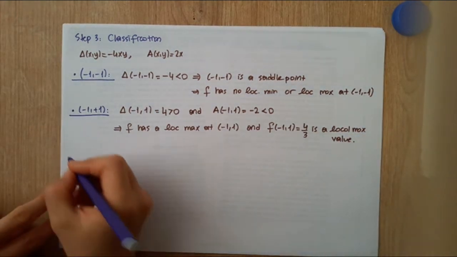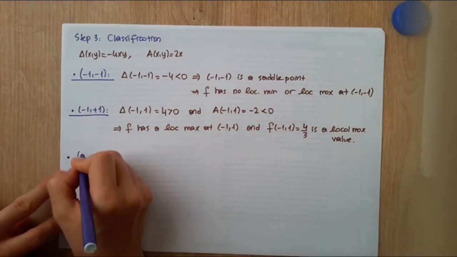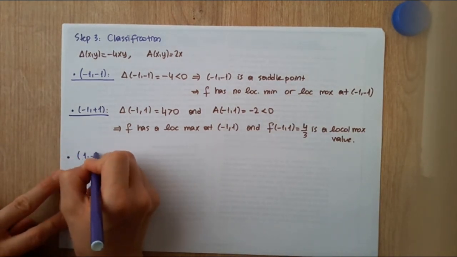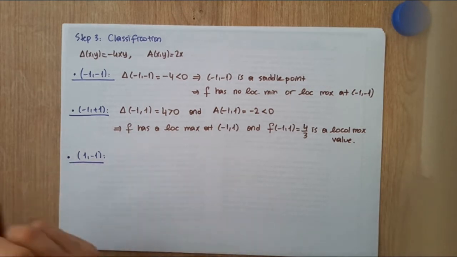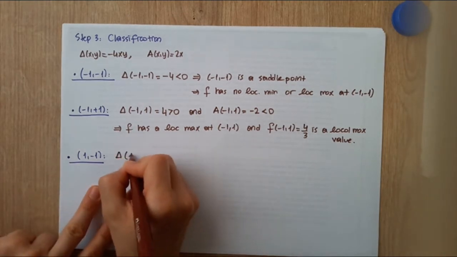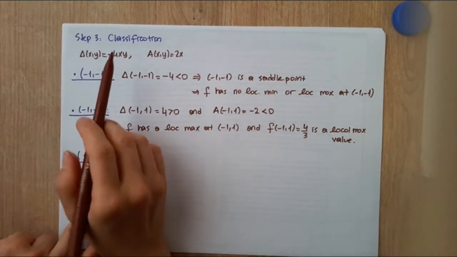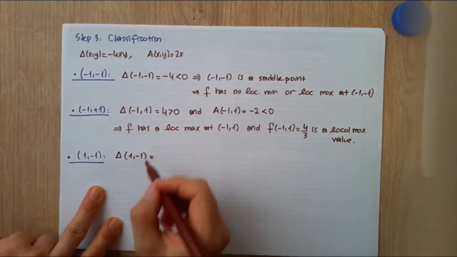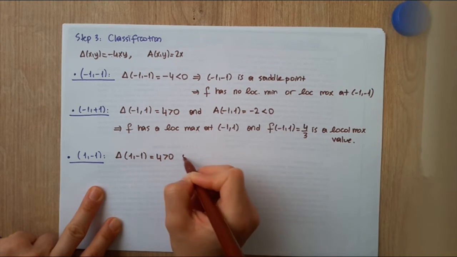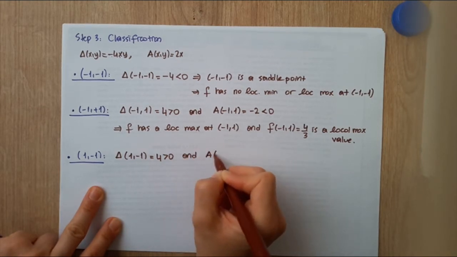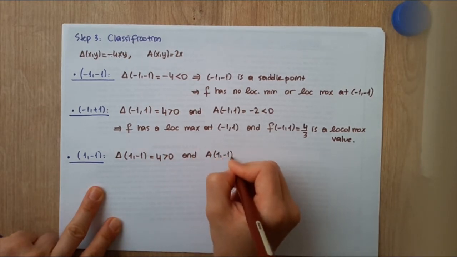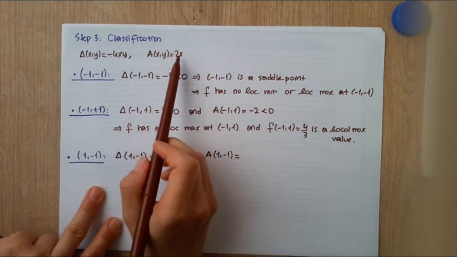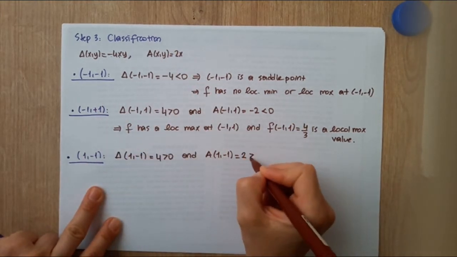Okay, so let's analyze the third point, which is (1, minus 1). Again, first of all, I will substitute it in the delta. Minus 4 times 1 times minus 1 will be 4. Again, it is positive, and I will calculate A at the point, and A is 2x, so I have 2 this time, which is positive.